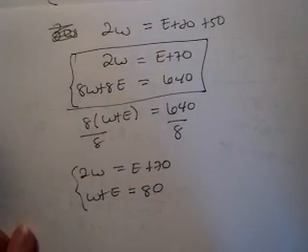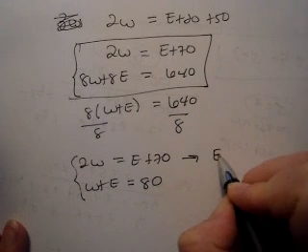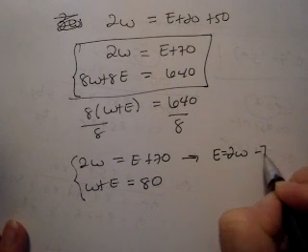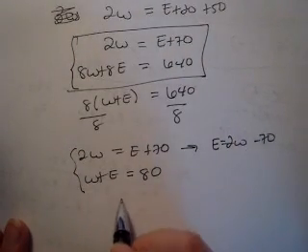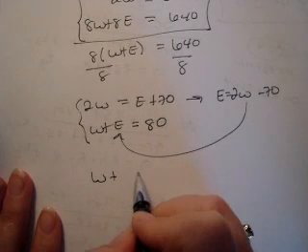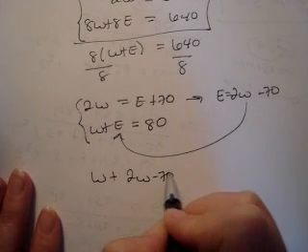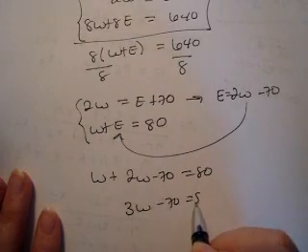Okay. And now what do you want to do? Let's do substitution. Let's take this one and solve for E. E equals 2W minus 70. Okay, and now when I substitute into this one, I'm going to get W plus, instead of E, I put 2W minus 70 equals 80. So I get 3W minus 70 equals 80.